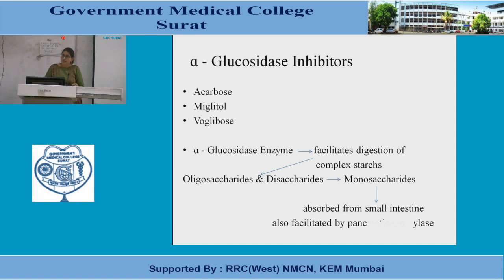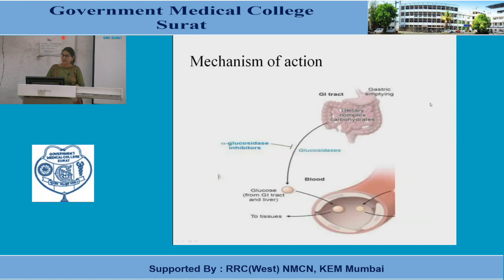What does it do? Alpha glucosidase enzyme facilitates the digestion of complex starches into oligosaccharides or disaccharides, and these are converted into monosaccharides, and these monosaccharides are absorbed from the small intestine, and this is also facilitated by the pancreatic amylase. So you can see, dietary complex carbohydrates, alpha glucosidase will convert them into monosaccharides, and here they will be absorbed and go to the blood, and from blood to the tissue.